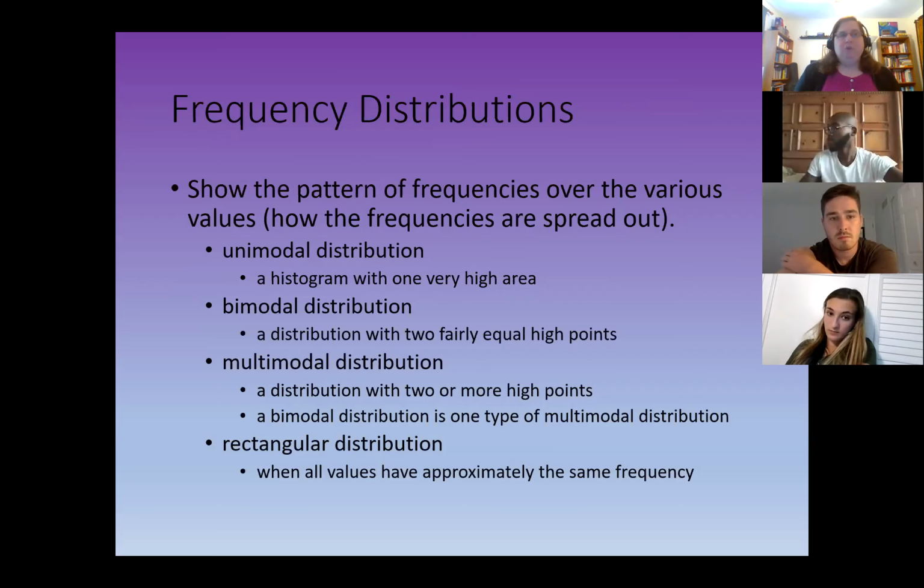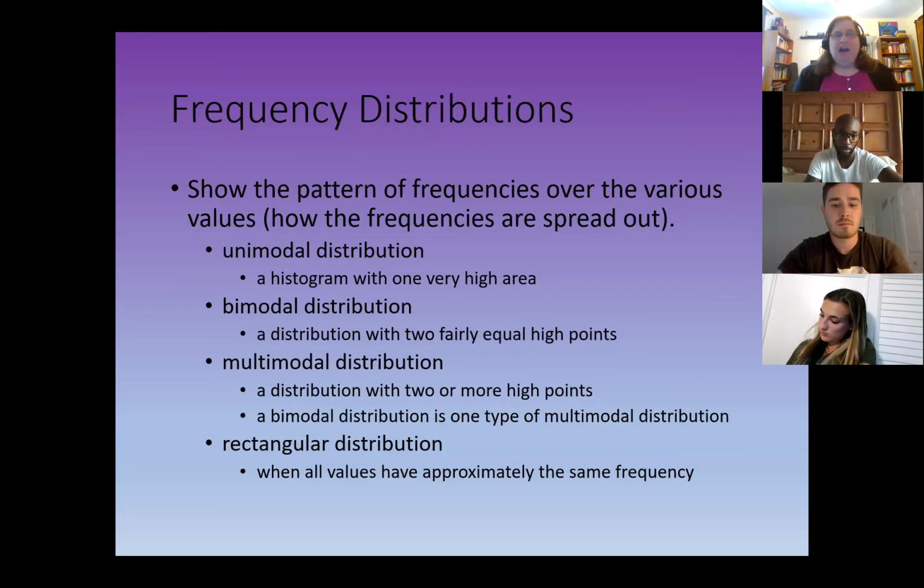Unimodal is a histogram with one very high area. So the normal curve is a unimodal distribution, right? Because it has one high area in the curve. Bimodal, 2 high areas. Multimodal is 2 or more high areas.